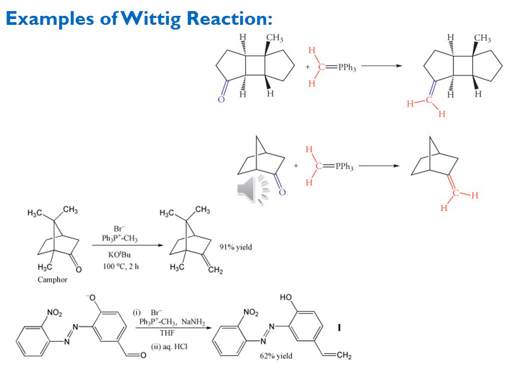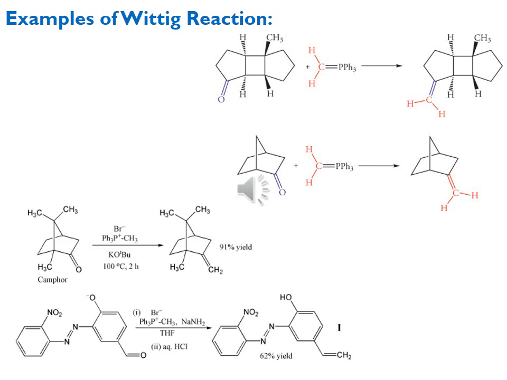And in the last example, there is an aldehyde group present on an aromatic ring, containing an amine in the form of a salt, which on treatment with similar conditions of this reaction gives a 62% yield of the product bearing the alkene.